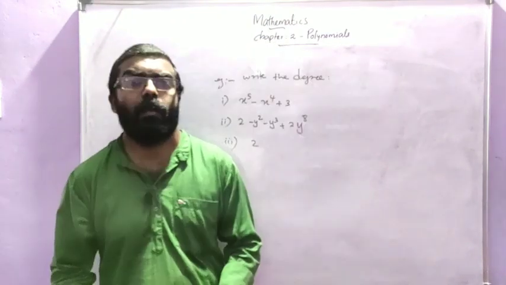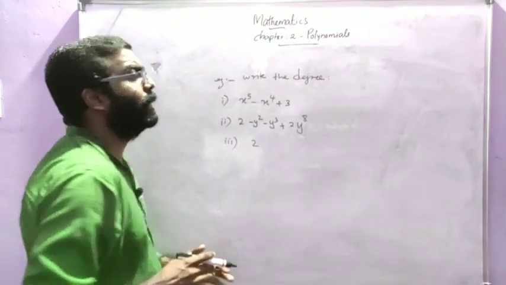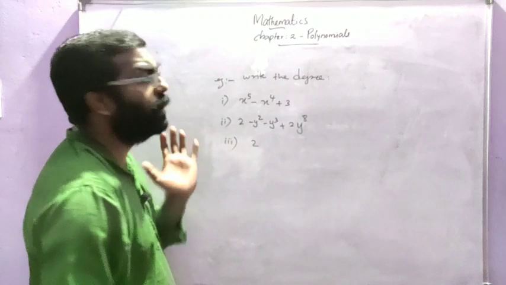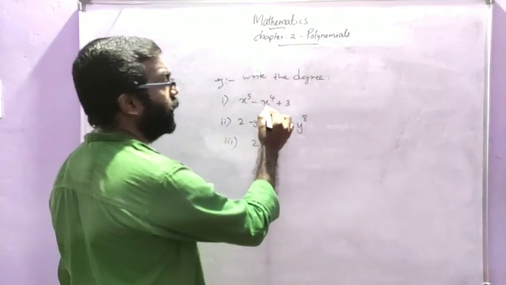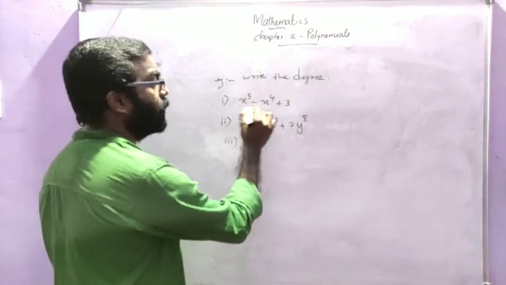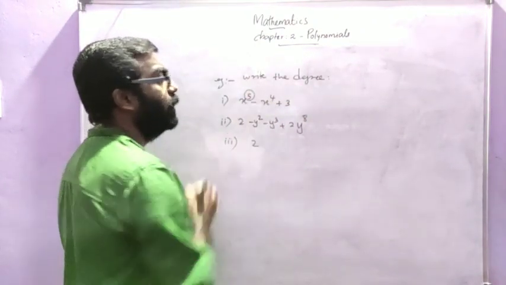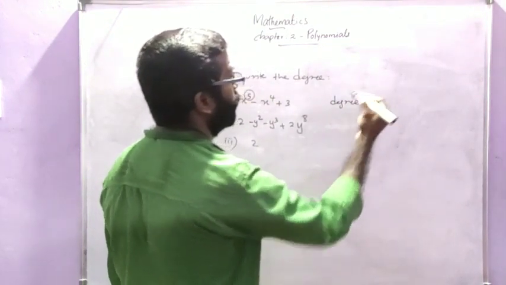Is that clear? Now look at these examples. We have to write the degree of each of the polynomials. Okay. First one is x raised to 5 minus x raised to 4 plus 3, and here the highest power of the variable involved is what? 5, and the degree is 5.